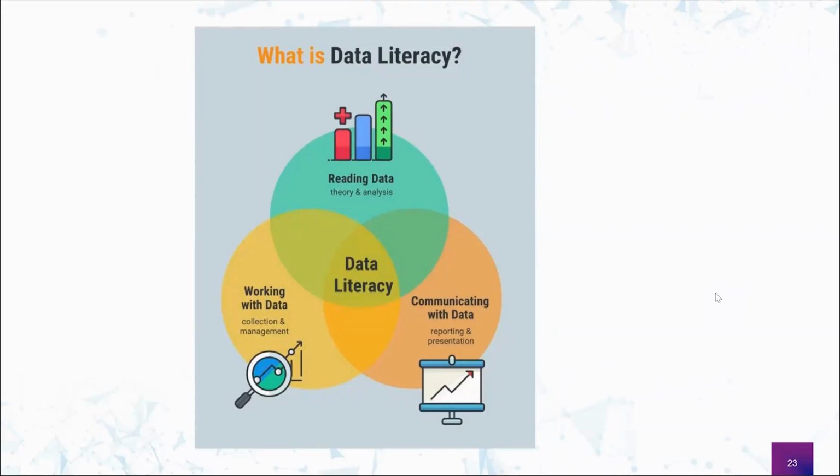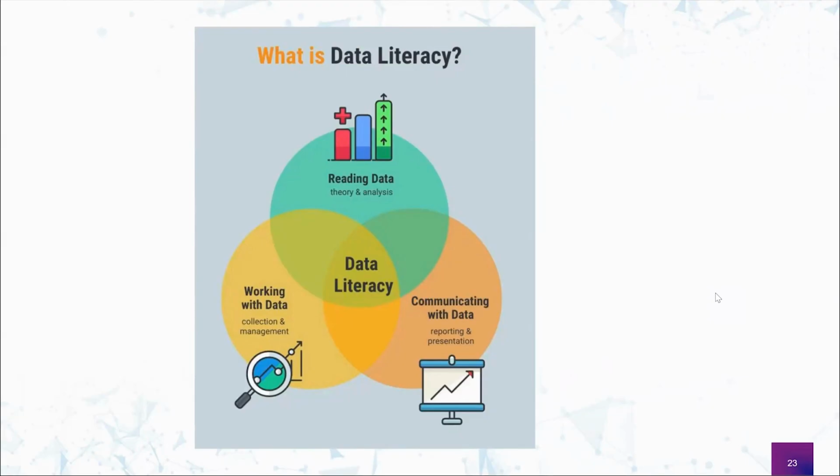Whereas there are other people who will be very good at working with data, the Excel people, traditionally, and business analytics, business intelligence type of people. They'll be very good at working with data, not necessarily very good at the other one, which is communicating with the data, the reporting and presentation. So these three things need to work.